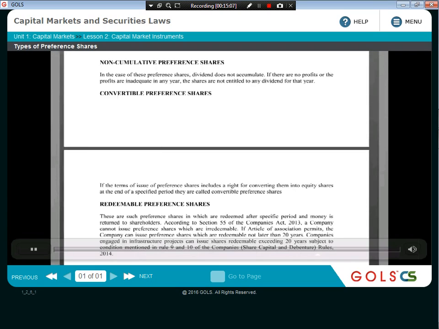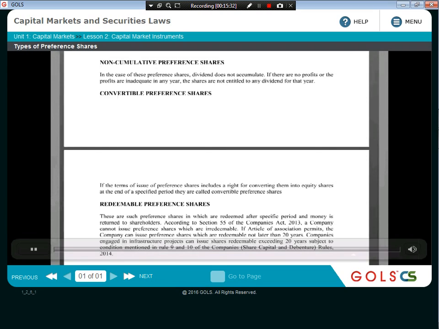Or if you don't say anything, it will be automatically converted into equity. So there are n number of permutations and combinations that you can do. There is no limit. It can be optionally convertible, optionally partial conversion, optionally total conversion, and so on. So the bottom line is these are hybrid instruments where you get the best of both worlds.